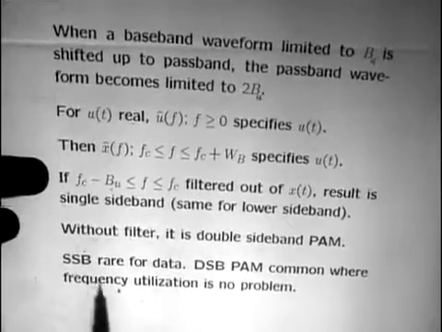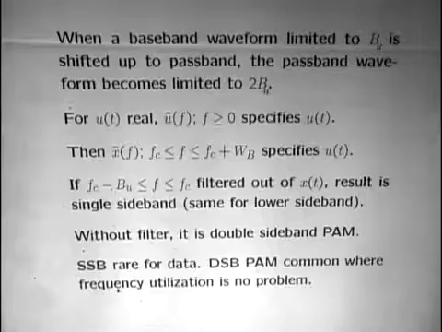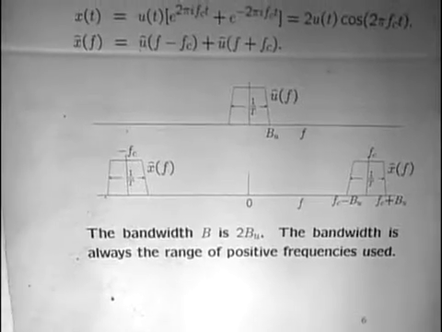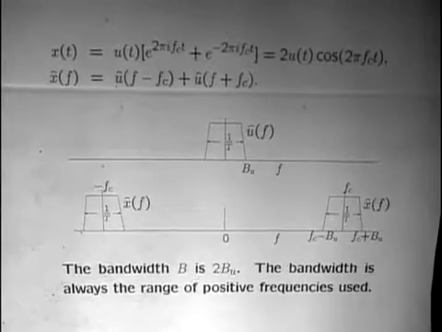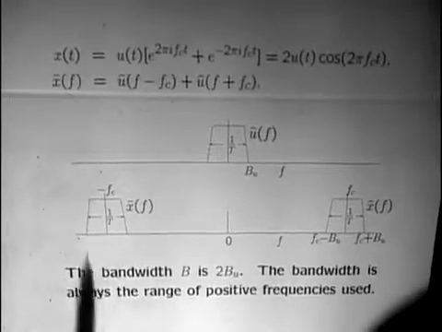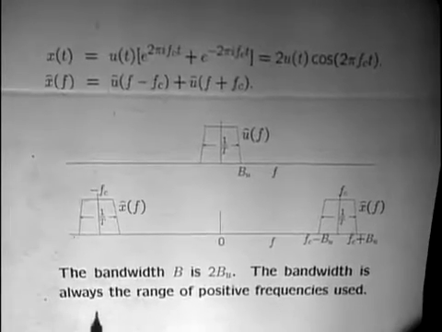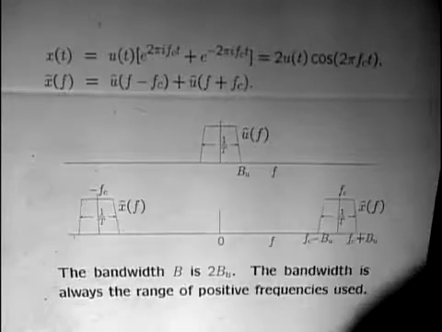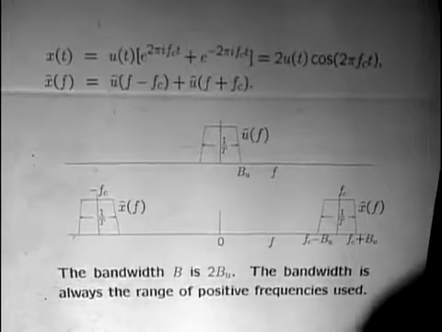Okay, if you filter out this lower band here, now what's the lower sideband here? Who thinks the lower sideband is this? Who thinks the lower sideband is this little thing here? Well, you all should think that, because that's what it is.